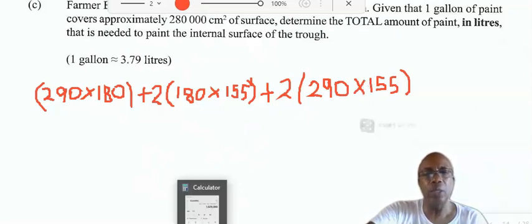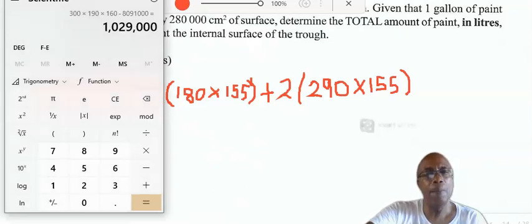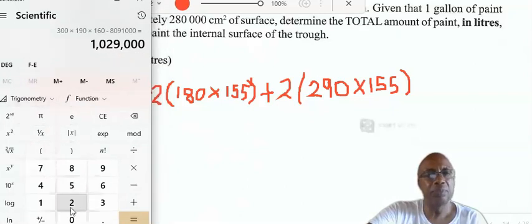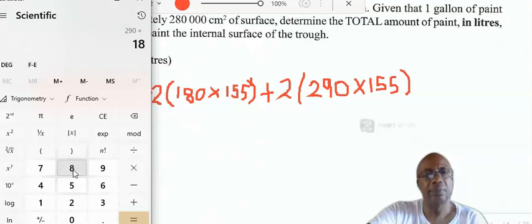So this is just calculator work. So let us work it out now. So it is 290 times 180, plus 2 times 180 times 155, plus 2 times 290 times 155.